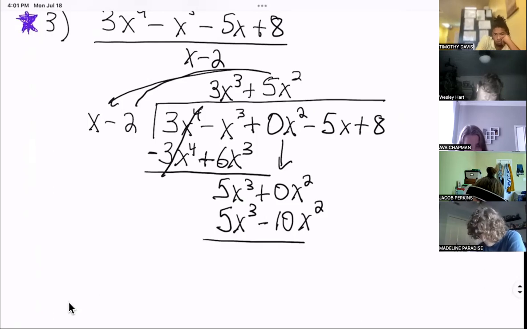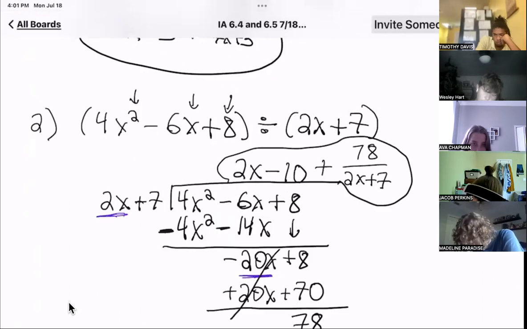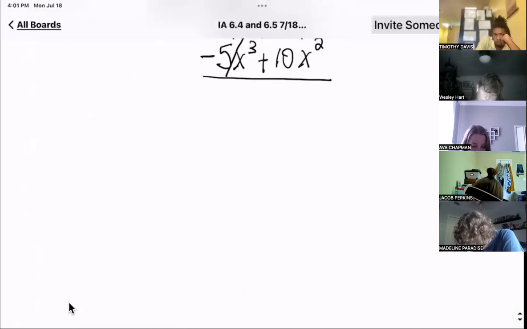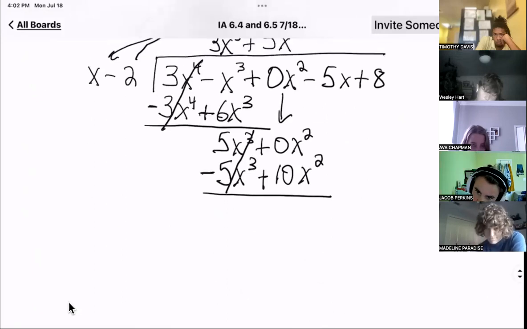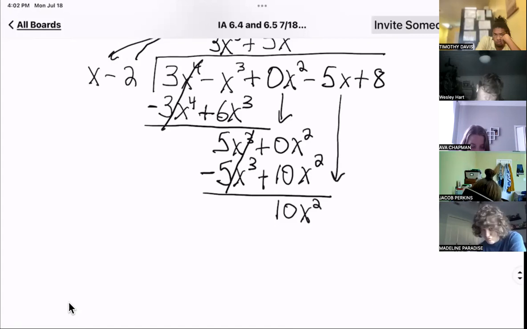What do we do? We subtract them. So I change both my signs. My 5x cubed is going to cancel and go away. And if I add down, I have 10x squared. What do I do now? I bring down the next term, -5x.